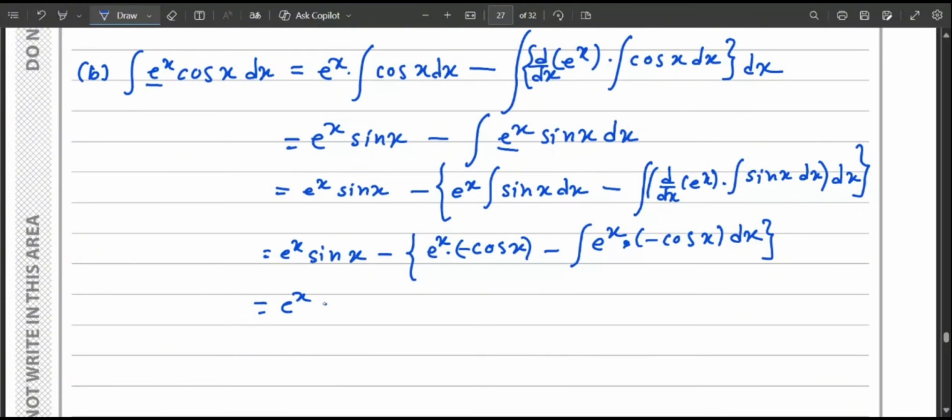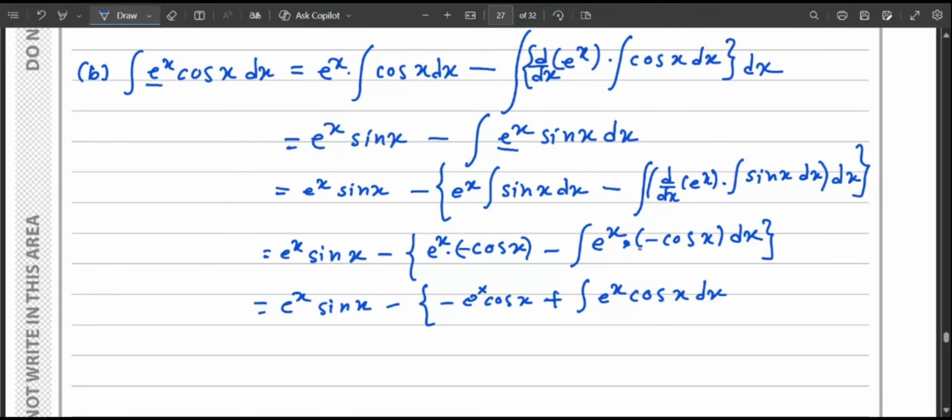Again simplification. This gives us minus e to the power of x cos x minus, from this term, we get the integration of e to the power of x cos x dx.